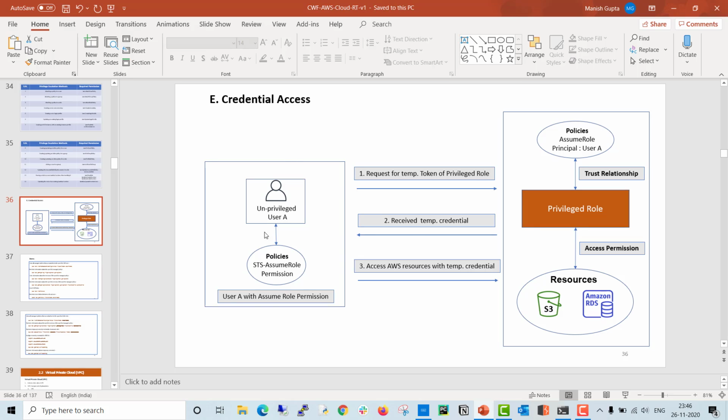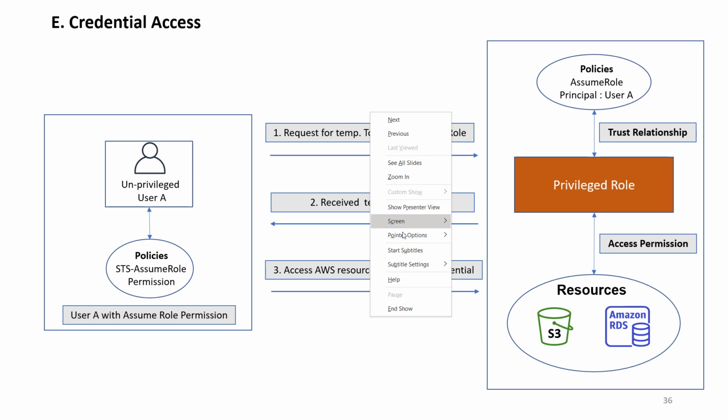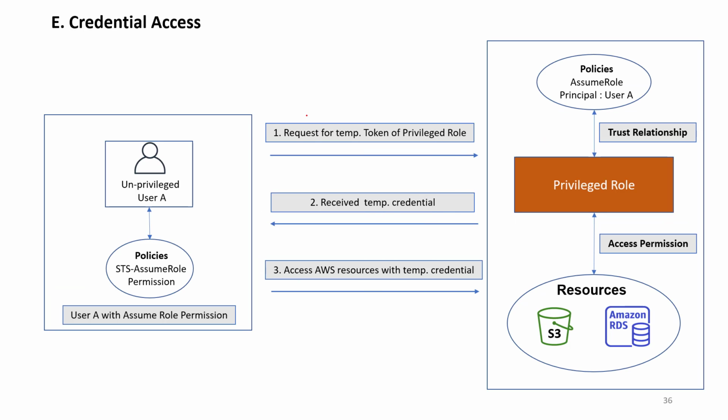Now how does this credential access work? Once both criteria are met, this user requests a temporary token for this privileged role. You can see here, I'm just pointing: the first point is this user requests a temporary token for this role.